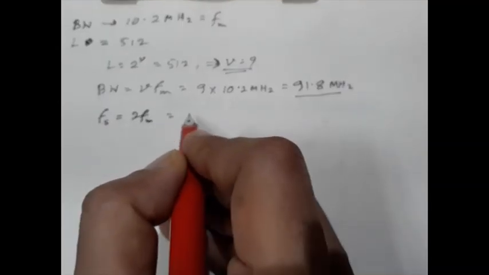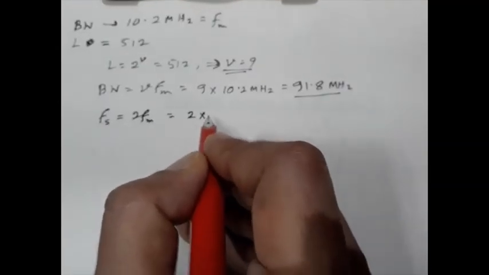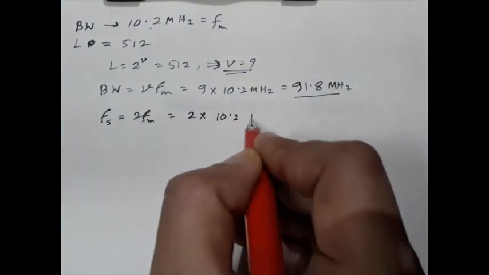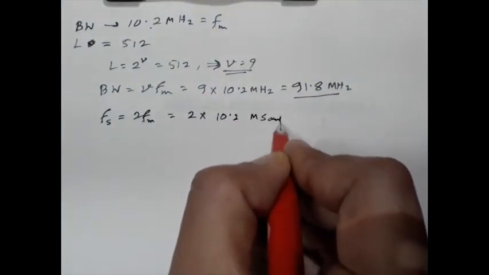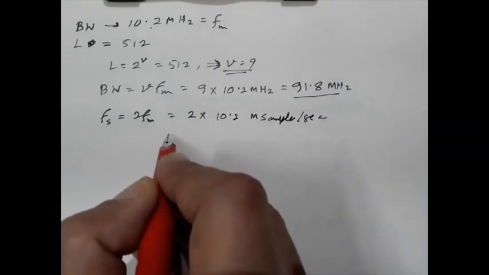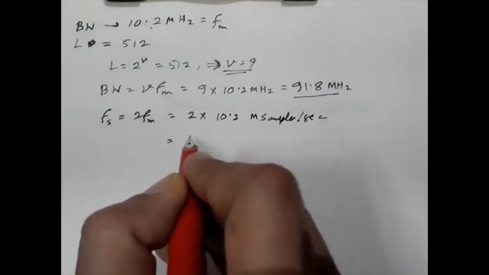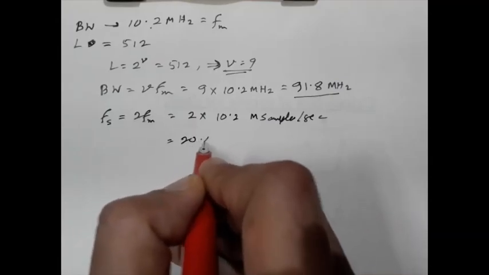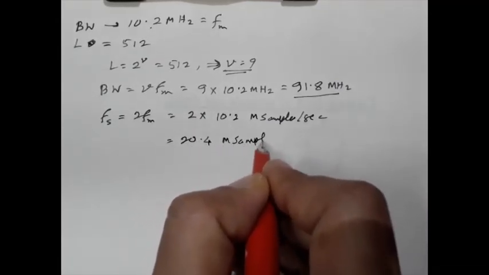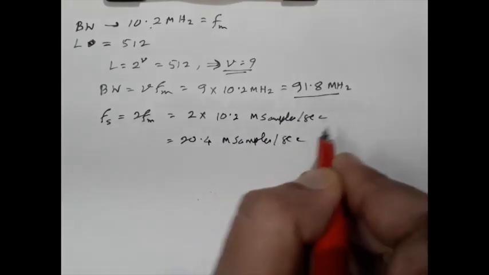So that is equal to 2 into 10.2 megahertz, that is equal to 20.4 mega samples per second.